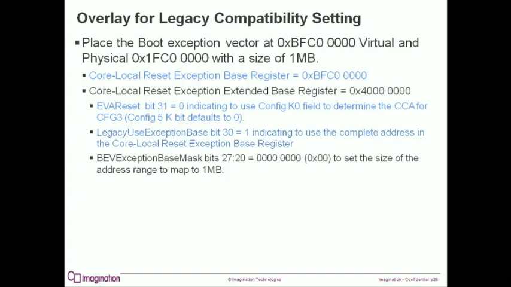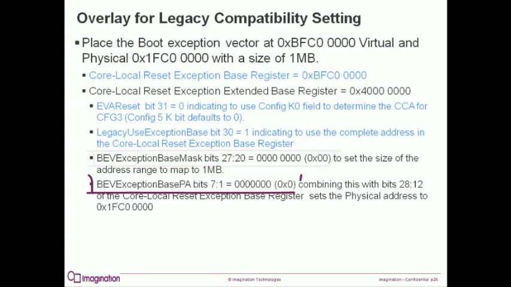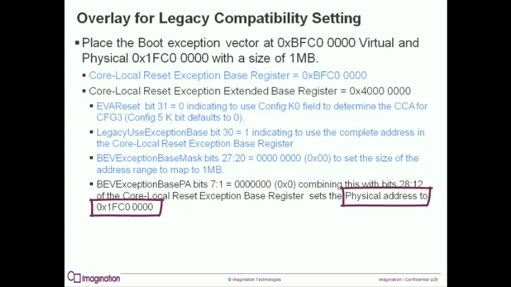The BEV exception base mask is set to 0 to indicate an overlay size of 1 MB, and the BEV exception base PA is set to 0 so that the top 3 bits of the address are cleared. When combined with the bits 0 through 28 of the BEV set in the core local reset exception base register, this sets the physical address to 1FC00000.